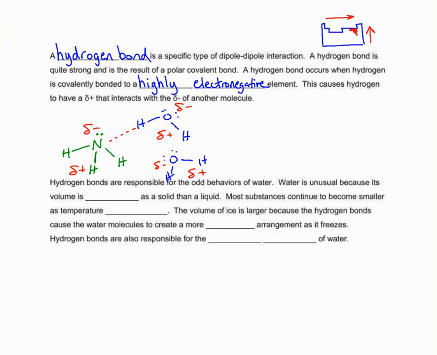And that wouldn't be the only one. There would be a hydrogen bond between this hydrogen and this oxygen. And there would be another possibility here, this oxygen of the water and this hydrogen. And they are interacting, and they are working to pull all of these molecules closer together.